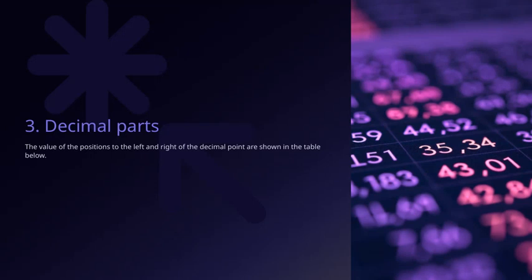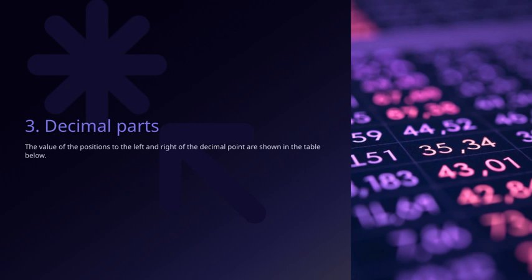Let's take a closer look at the decimal parts. Here, we're focusing on how the value of the positions to the left and right of the decimal point are represented. As you can see in the table, each position has a specific value that helps us understand and work with decimal numbers more accurately. The key idea is that the digit immediately to the left of the decimal point represents whole units, while the digits to the right indicate parts of those units, like tenths, hundredths, and so on.